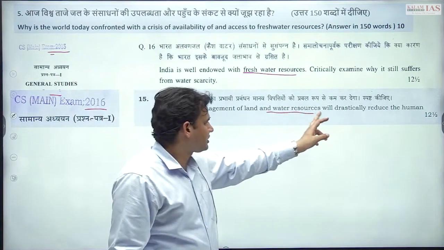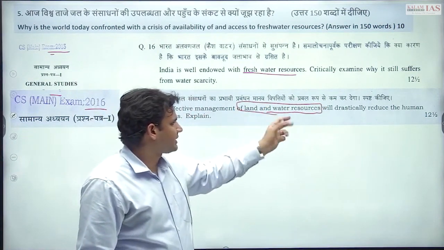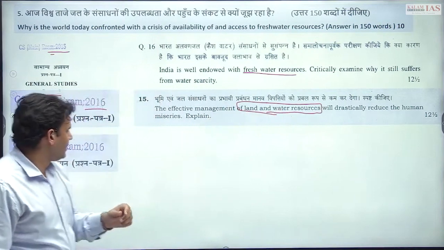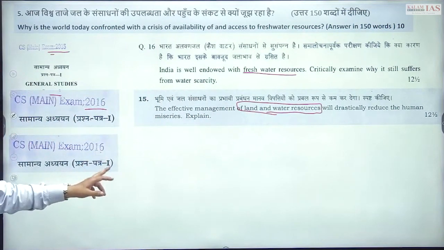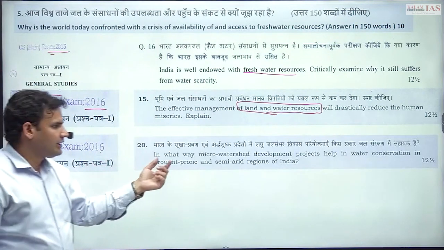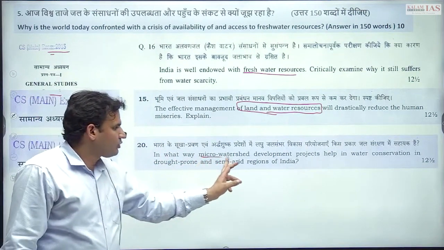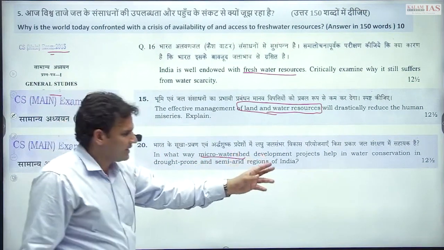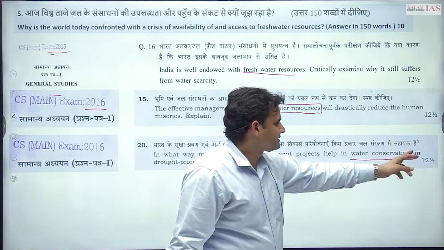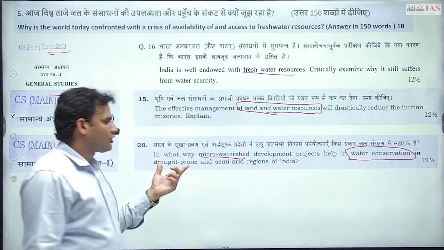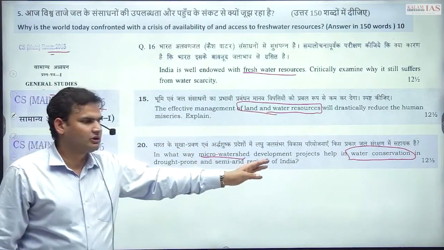Again, the focus is on resources of land and water. 2016 itself, GS paper 1, in what way do micro watershed development projects help in water conservation in drought prone and semi-arid regions of India?